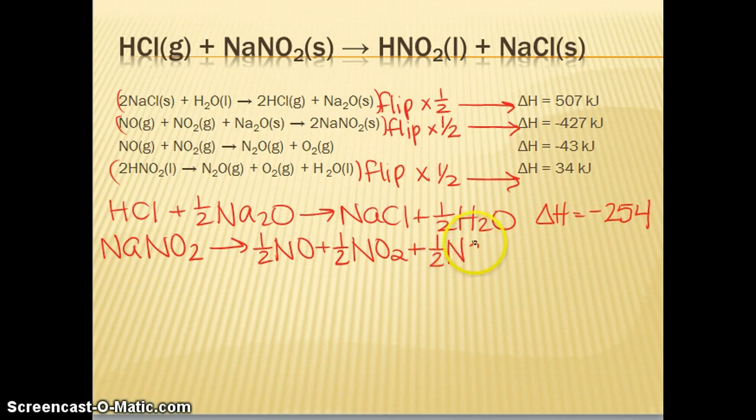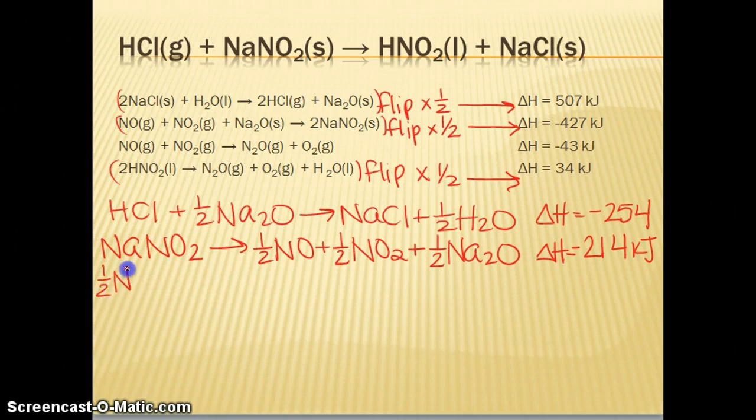Looks pretty funny with all these 1/2 coefficients, but hopefully they'll all just cancel out. So this one we flipped, so it's going to be positive, and divided by 2, so 213.5. So again, with sig figs, that's going to become 214.